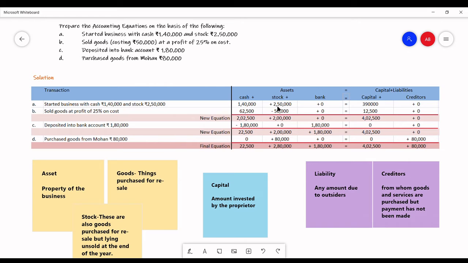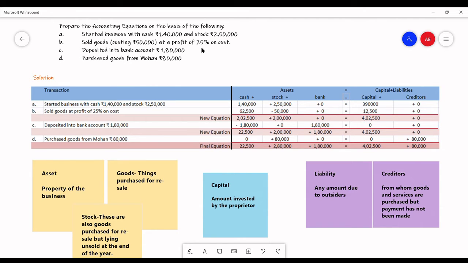Now from the sales I'll be receiving cash, and the cash amount will be 50,000 plus 25% on 50,000, that becomes 62,500, which I have written below my cash. This is the amount I'll be receiving from the transaction. And now there's a profit as well.